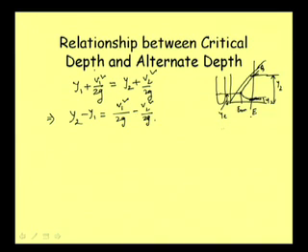Now, for a rectangular channel, this relationship is very popular. The velocity v at any point can be written first as discharge Q by area, and this velocity is equal to Q by area.